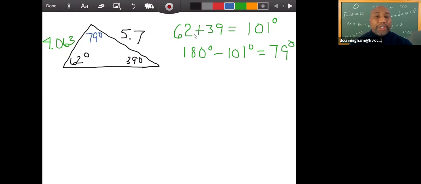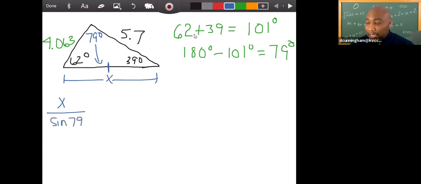Since I know that particular angle, I will be able to solve this side here using the law of sines. So let's do it. In this case, this is my X, my unknown side. So I'm going to write it like this. I'm going to say X, my side, is over which angle we're going to use. That's correct. We use the sine of 79 degrees, the opposite angle, is equal to, and in this case, it doesn't matter which angle and which side we want to use opposite.